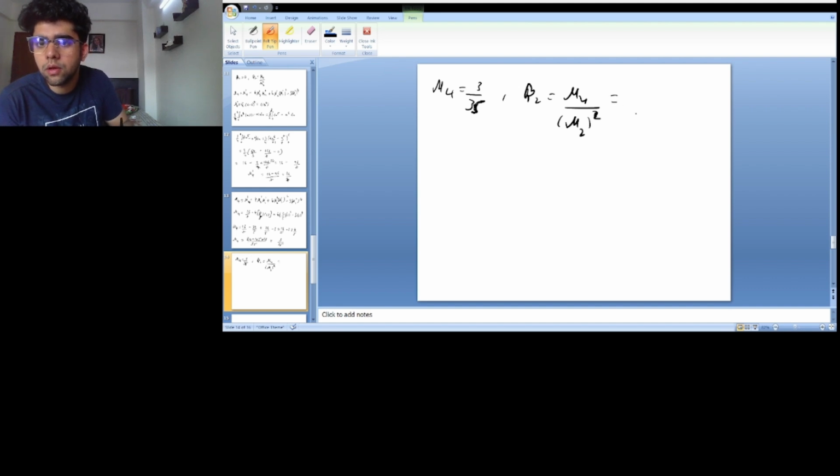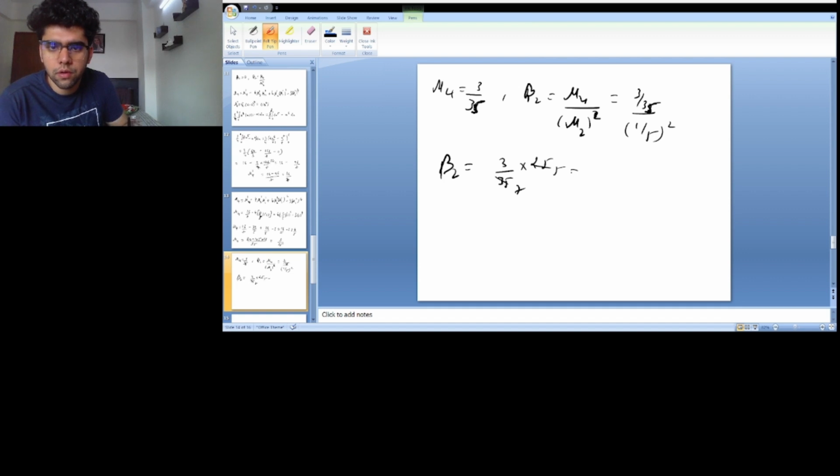Our variance was 1 by 5, and the square of this upon 3 upon 35, which is equal to 3 upon 35 into 25, which is 15 upon 7.